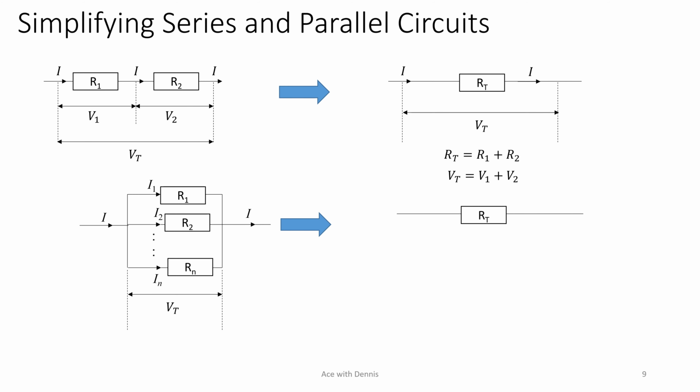We can simplify this circuit into one resistor with the value of Rt, the current I, and the potential difference Vt. The value Rt can be calculated with this formula: 1 over Rt equals 1 over R1 plus 1 over R2 plus, to the last resistor, 1 over Rn.